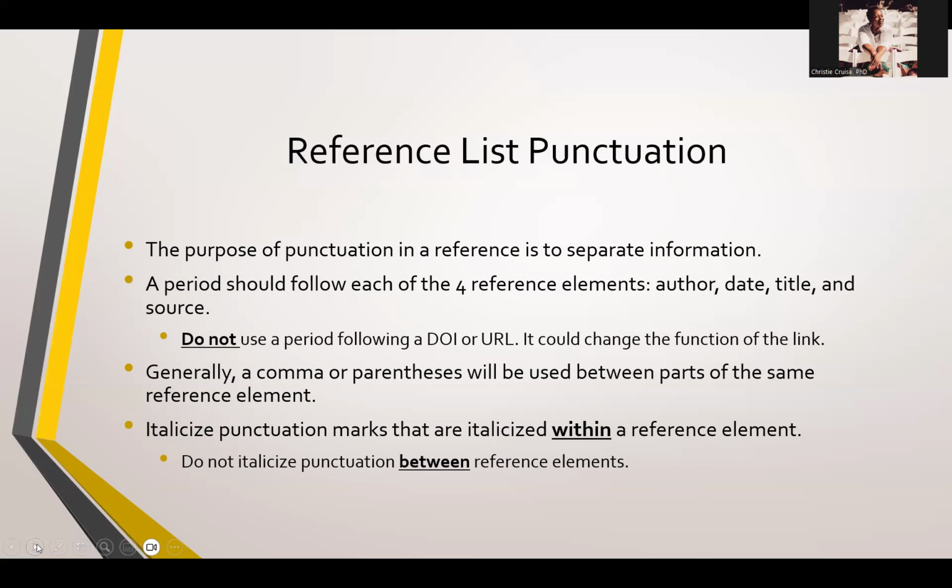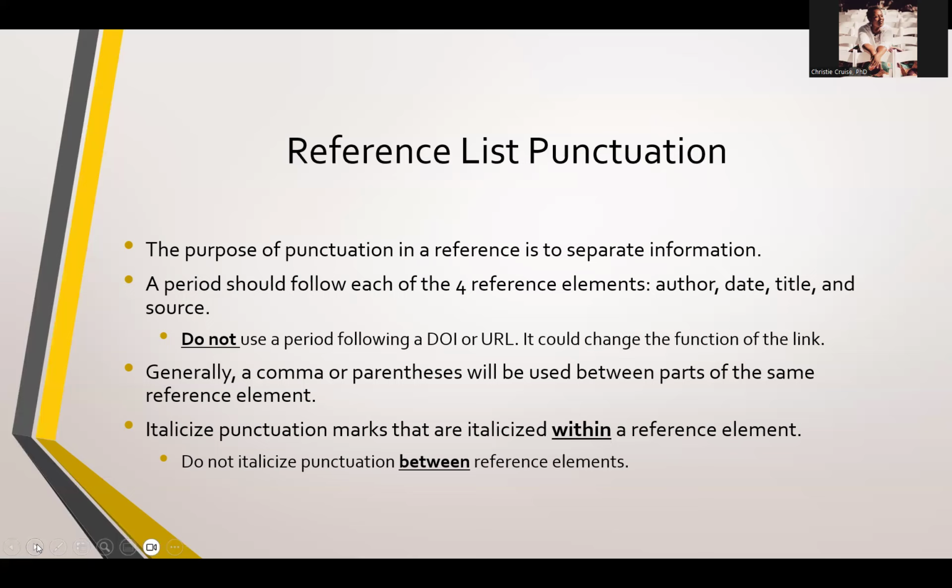You're going to italicize punctuation marks that are italicized within a reference element. You do not italicize the punctuation between reference elements. So for example, if I am using a title or a source, depending on what type of source it is, and within what needs to be italicized, there is a comma, that comma needs to be italicized.